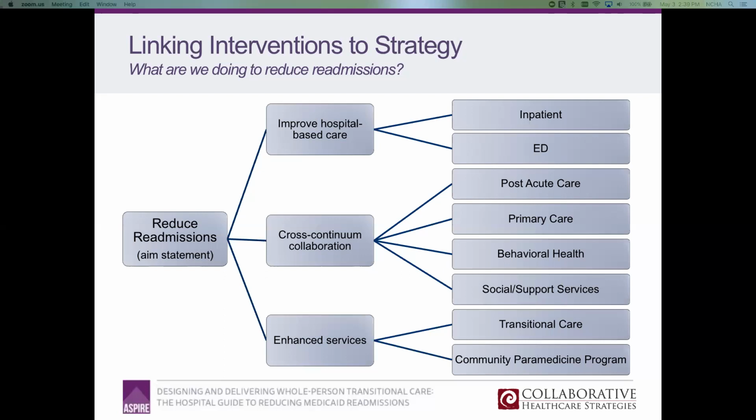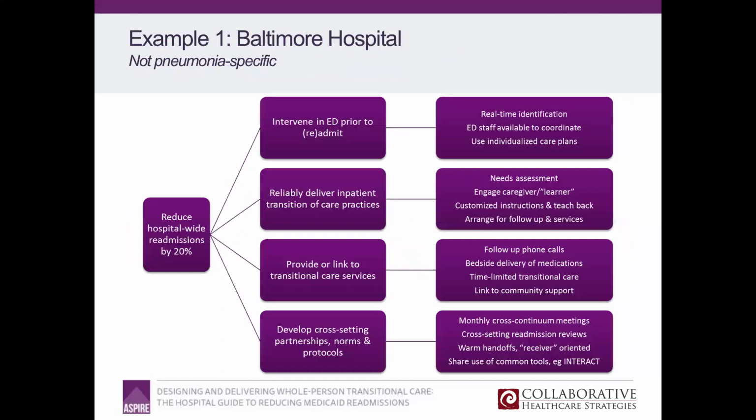So now on slide 20, I'm going to show you two examples of an overall readmission reduction strategy. These are from the field. Again, they're what the hospitals were doing. I think they're great examples, but I don't necessarily mean to imply that they're either perfect or the only way to do it.